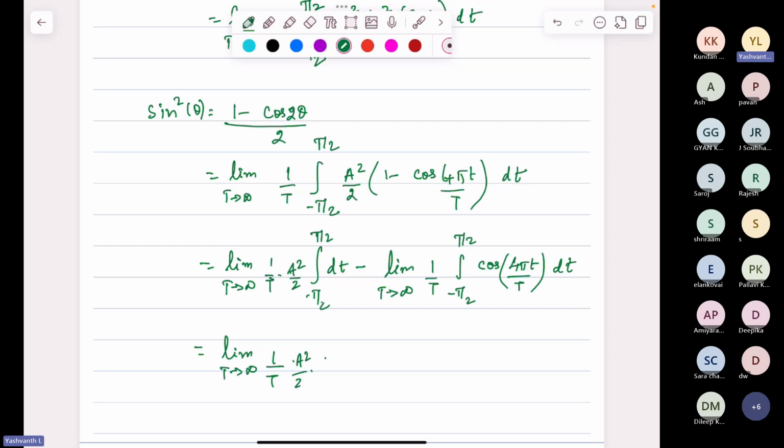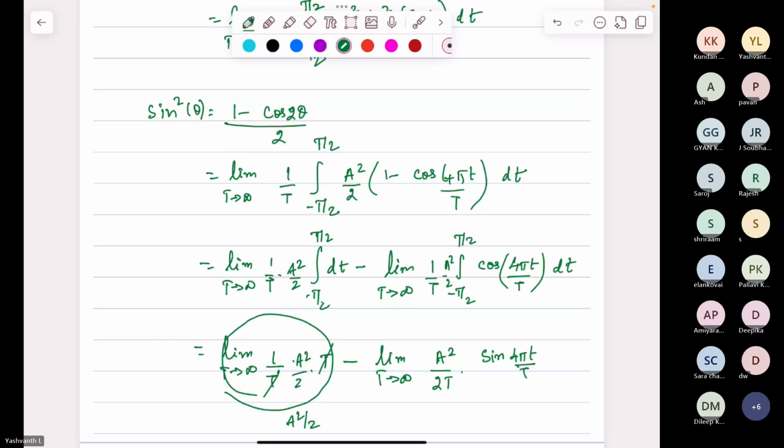So this limit is equal to a square by 2 only. Minus limit T tends to infinity a square by 2T into sine 4 pi t by T by 4 pi by capital T from minus T by 2 to plus T by 2.